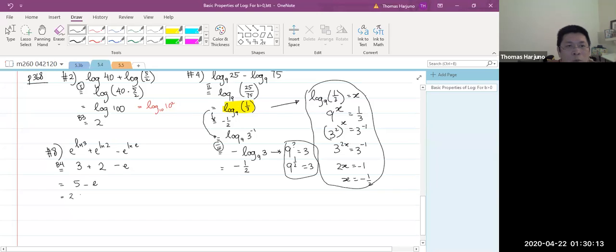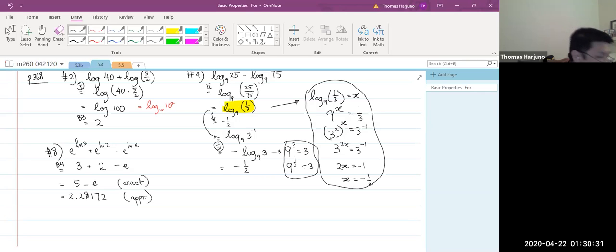This is the exact form or exact solution, and this is the approximation. Basically, I want you to know how to use your calculator in case you need to approximate them. That's for number 8.